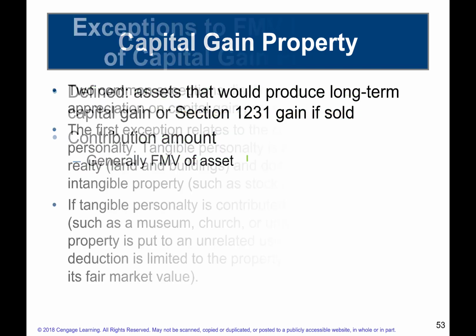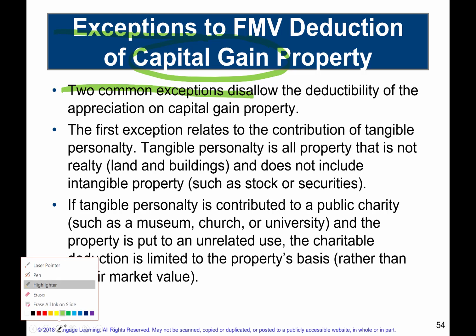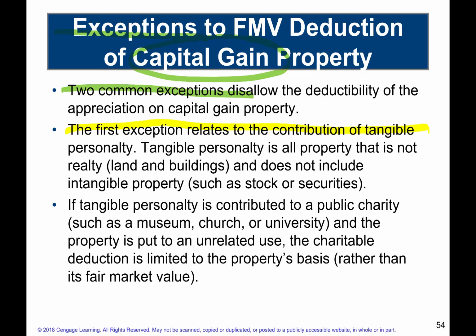Okay, so they do have certain exceptions though for our capital gain. There are two exceptions for capital gain property that will limit our ability to deduct that fair market value. Let's take a look at the exceptions. First exception relates to the contribution of tangible property.